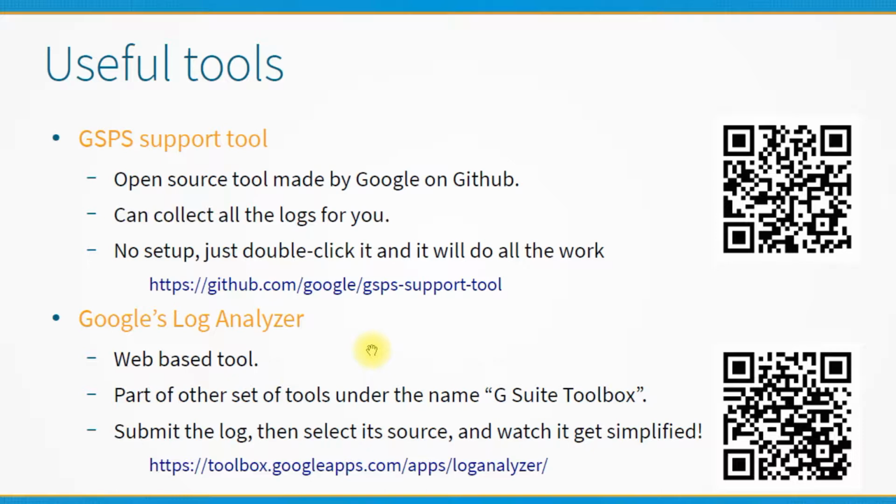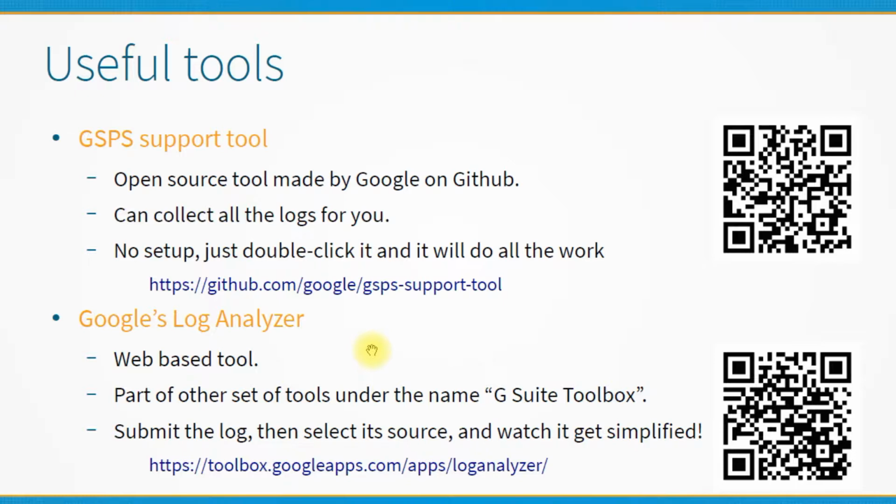So all you have to do with these logs is open the Google Log Analyzer and then upload the logs or paste the content of these logs, and then either select the source of these logs or let it automatically detect the source, and then it will give you a good looking table analysis of these logs, and it will indicate any errors or anything that you need to be aware of, watch out for or modify, whatever the reason you're using the log analyzer for.